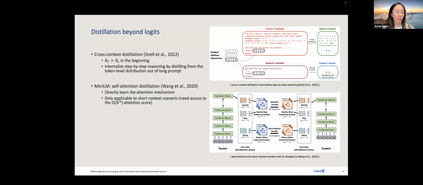Cross-context distillation instead tries to internalize the long chain of thought by distilling from a generation conditioned on a prefix with thought process and detailed prompt, into a generation conditioned on a shorter prompt and no thought. Also, beyond token probability, there is distillation on hidden states, and more interestingly, on attention scores and value relations, such as MiniLLM, which was developed by Microsoft.